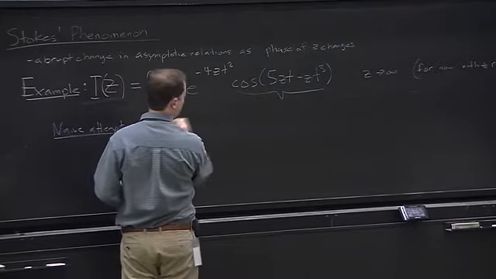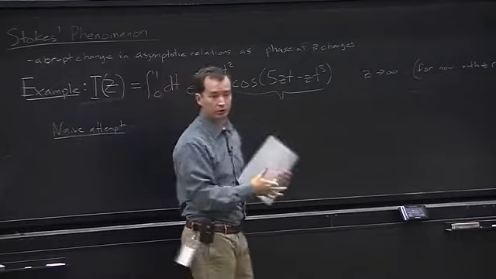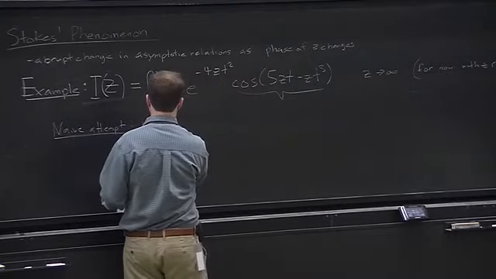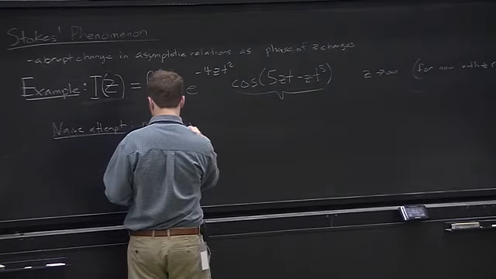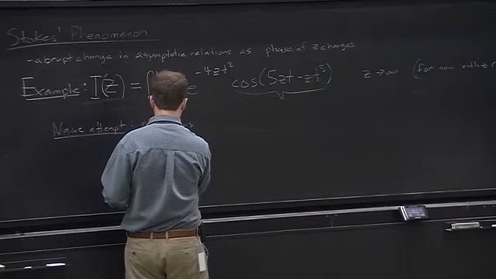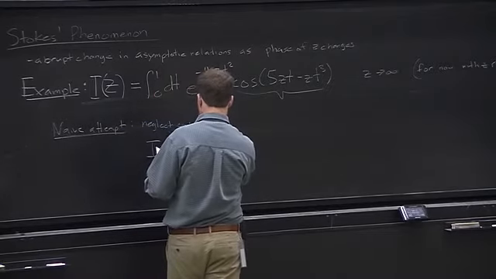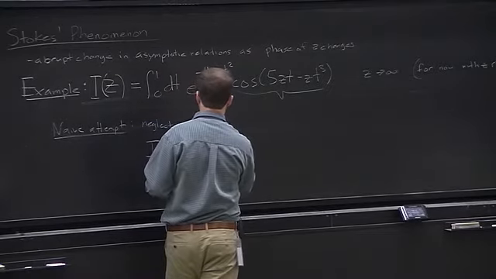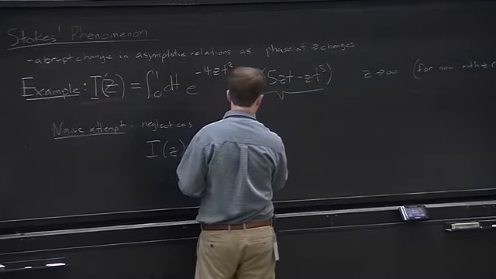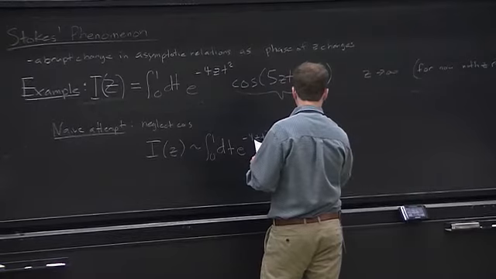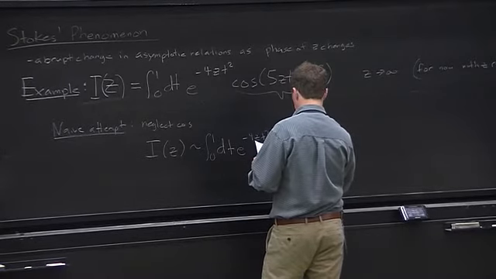If we just neglect the cosine, since the magnitude of the cosine isn't getting any bigger, then we might say that I of z is like the integral of e to the minus 4 z t squared, which is root pi over 16z.